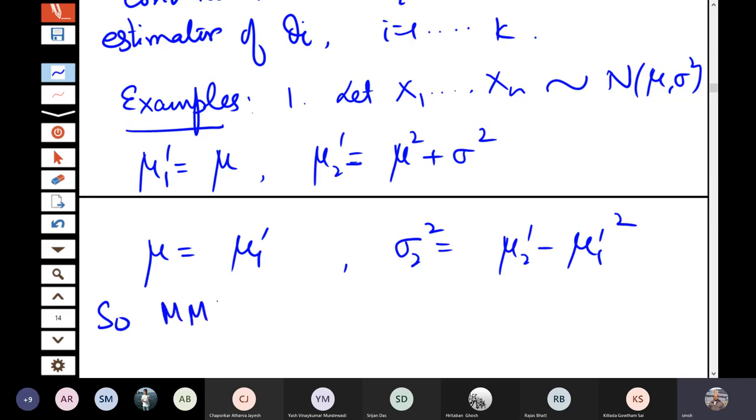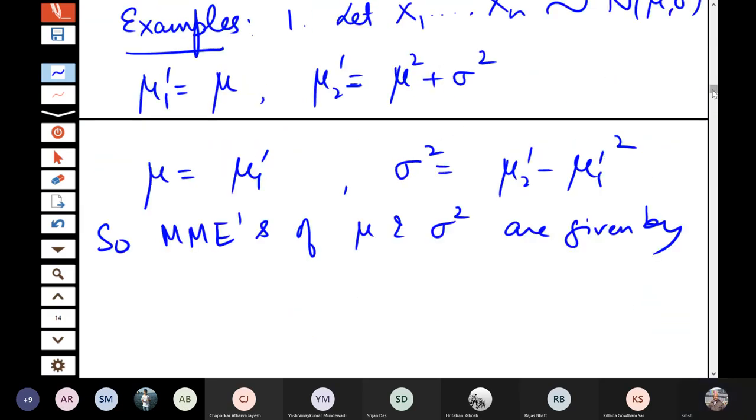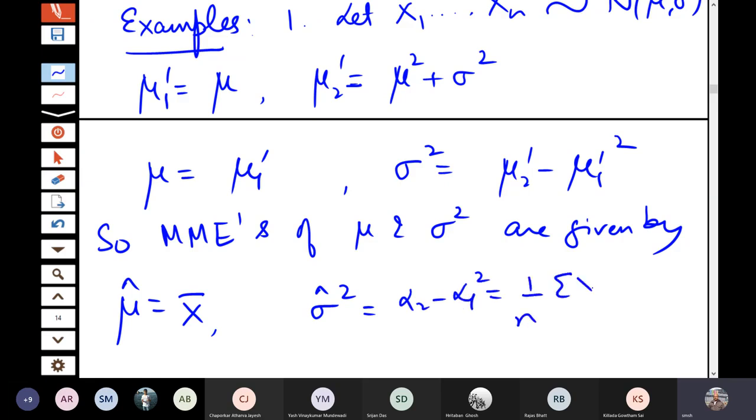So the method of moment estimators of mu and sigma square are: mu hat is alpha 1, that is x bar, and sigma square hat is alpha 2 minus alpha 1 square, that is 1 by n sigma xi square minus x bar square, which is 1 by n sigma xi minus x bar square.